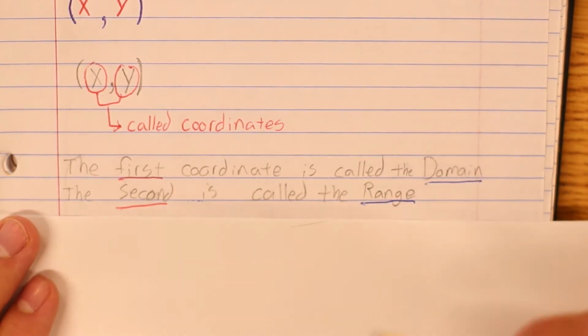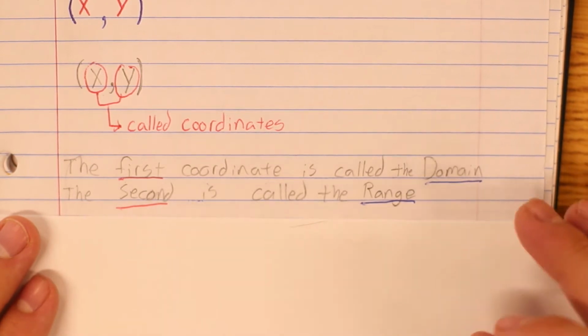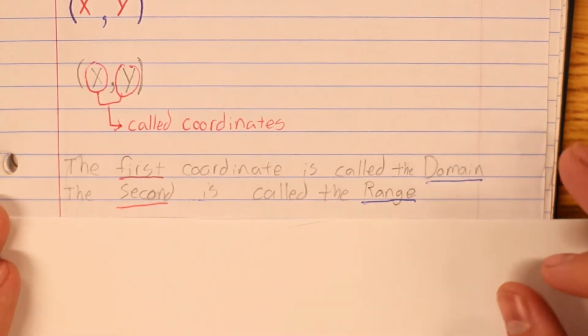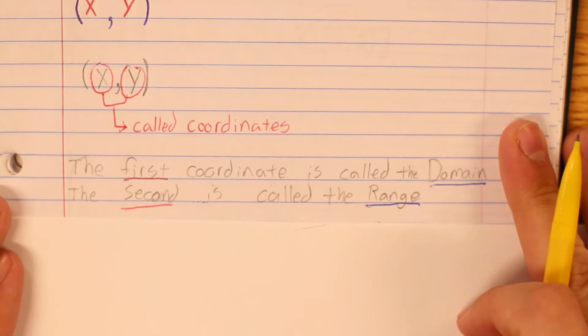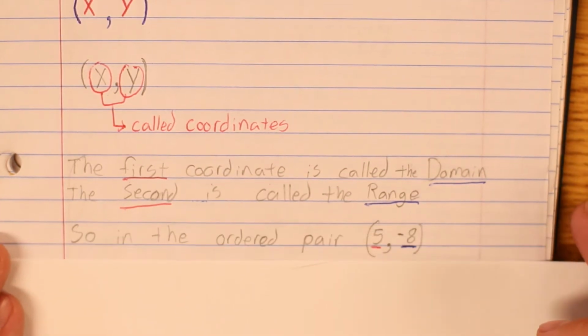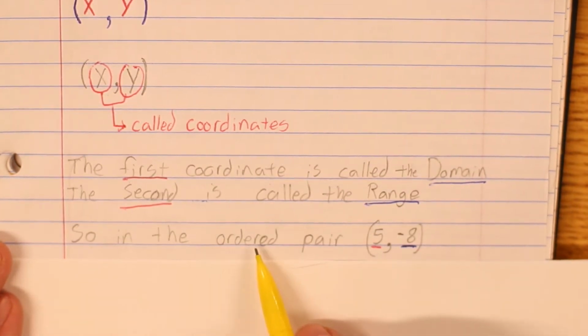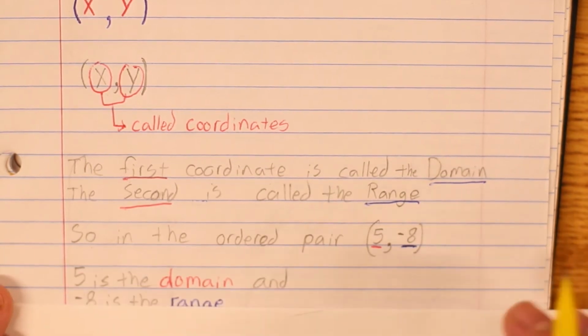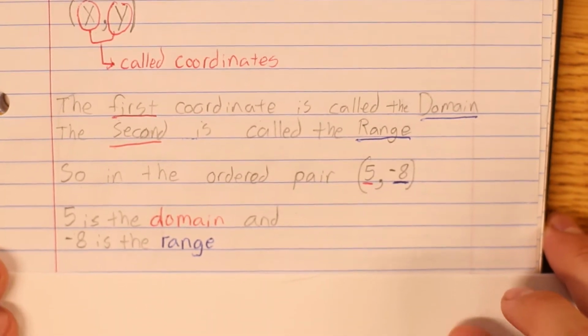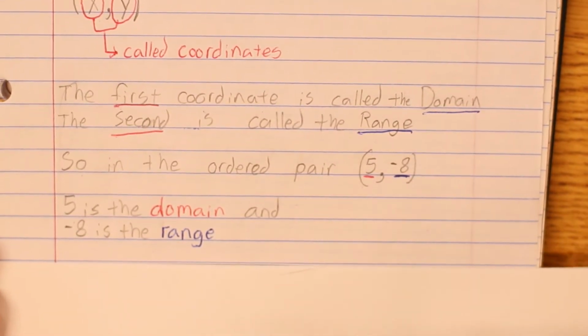This is important, especially once you get to Algebra 1 and Algebra 2, where these things, functions and all that, are used a lot. So in the ordered pair 5, -8, 5 is the domain, -8 is the range, all right?